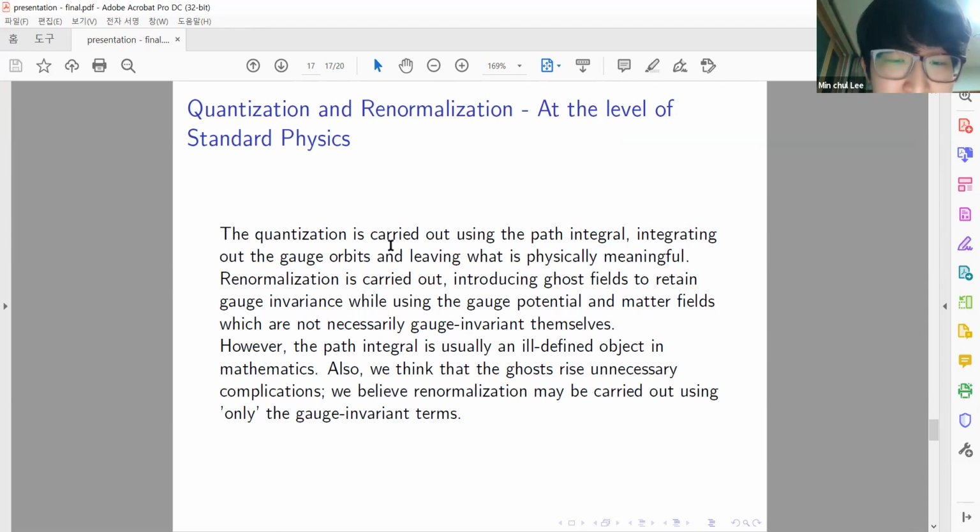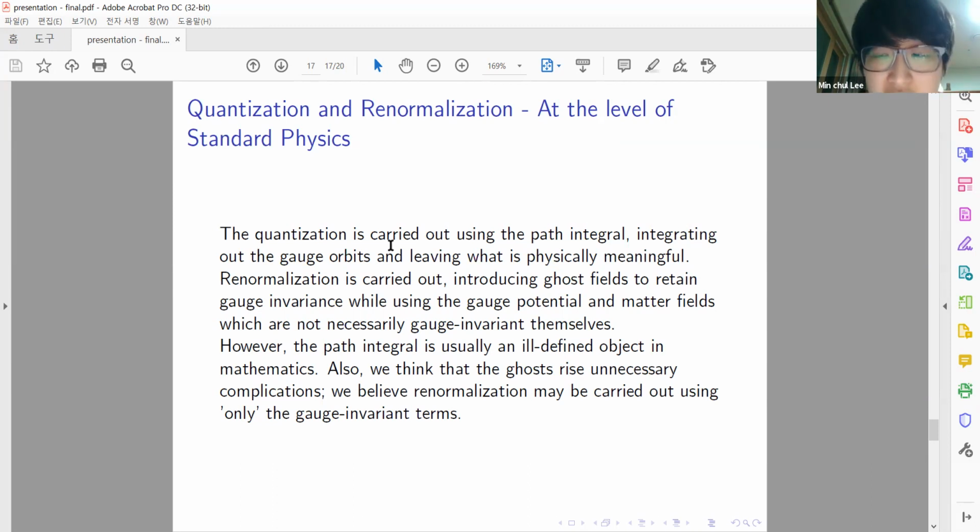However, the path integral is usually an ill-defined object in mathematics because it uses an infinite dimensional measure that is very hard to define. There are some cases in which the measure is defined nicely, but in most interacting cases, the measure is not really easily defined.